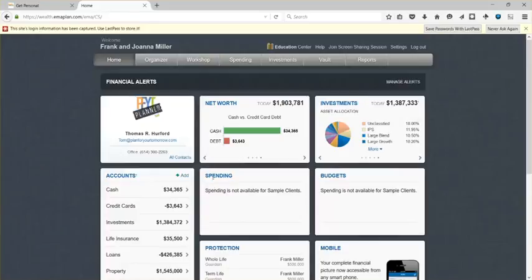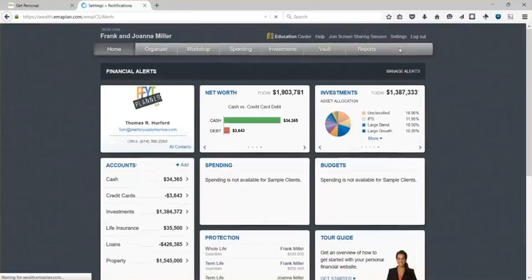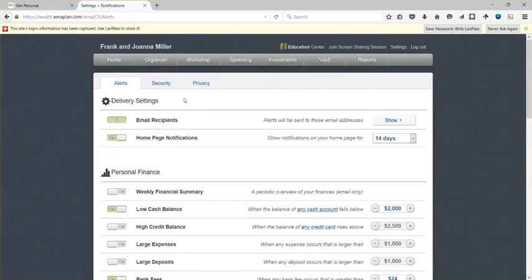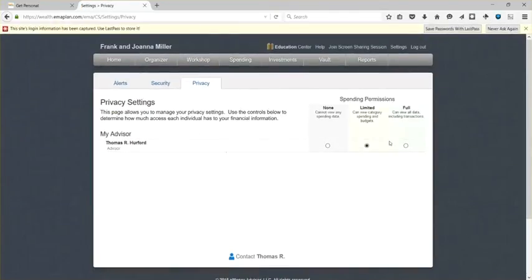That would also mean that there would be spending data and budget data available at that point, because it would be able to draw down that information from your spending. To speak briefly about spending data, some of the individual transactions in your life are private, so you have to make a decision as to whether you want to share those with us.